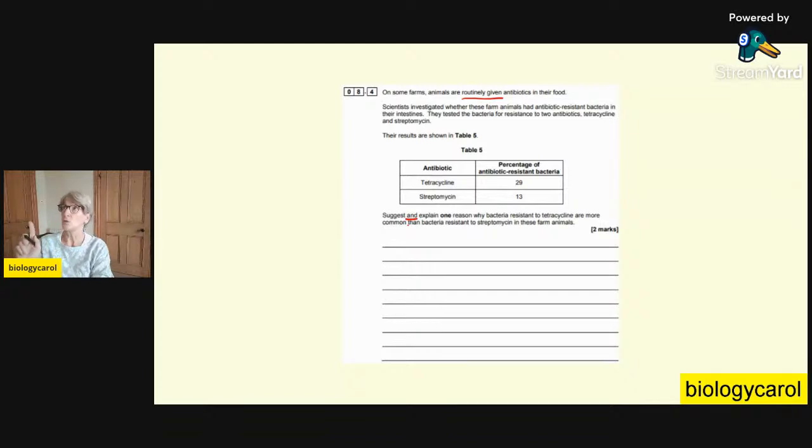And my logic was that they had been fed the tetracycline for a longer period of time, and therefore there had been enough time for the resistance to build up.